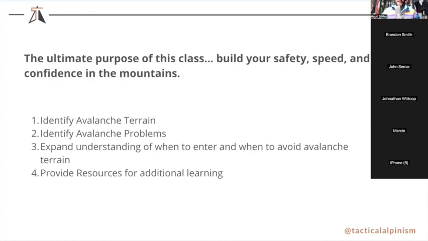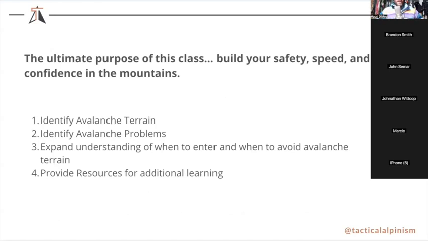The ultimate purpose of this class is to build safety, speed, and confidence in the mountains. The outcomes are to: one, identify avalanche terrain; two, identify the avalanche problems; three, expand on the understanding of when to enter and when to avoid avalanche terrain; and four, provide resources for additional learning and training places you can go.